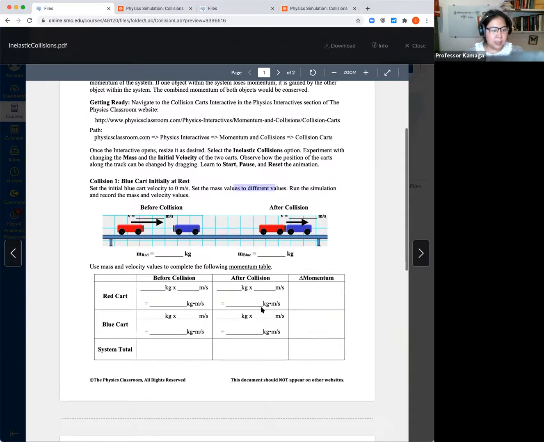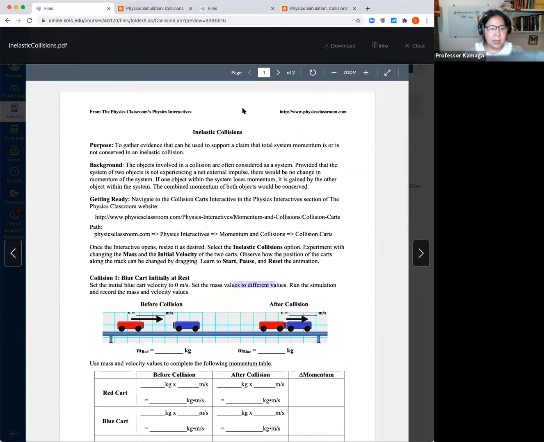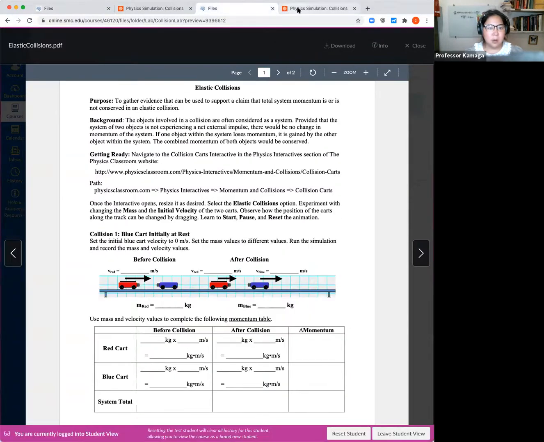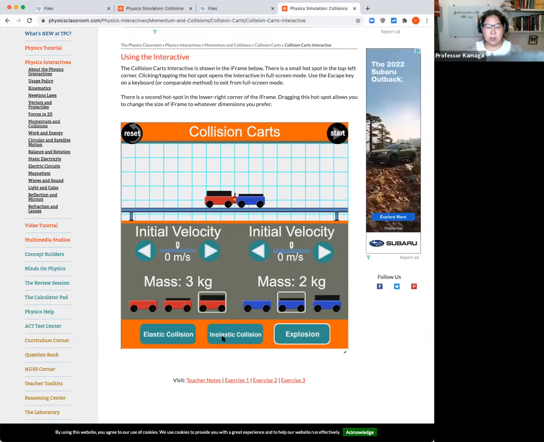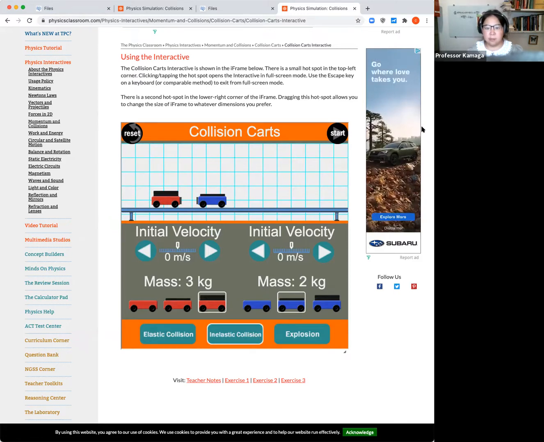And in this case, we are doing inelastic collision, so you want to choose inelastic collision. And similarly, you're going to do it for explosion for the different file. So that's it. This lab is pretty straightforward. And if you do have any questions, feel free to send me an email.